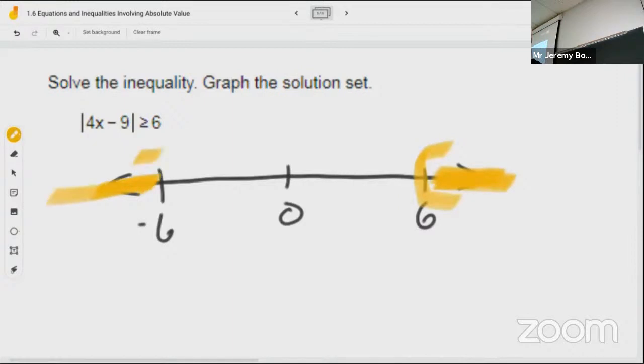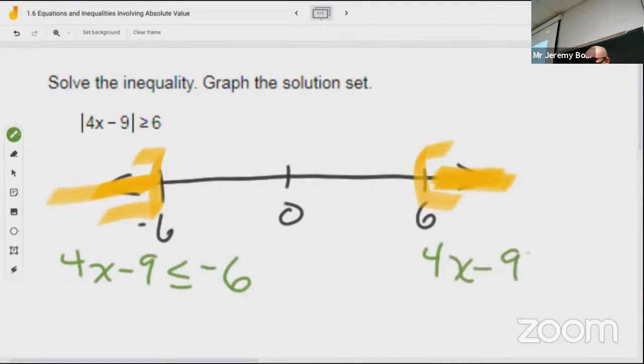But it could also be past negative 6 over there, so it's just like it's leaping past 6 units, or further than 6 units. So the way this is going to be set up is either 4x minus 9 is less than or equal to negative 6, or 4x minus 9 is greater than or equal to positive 6.